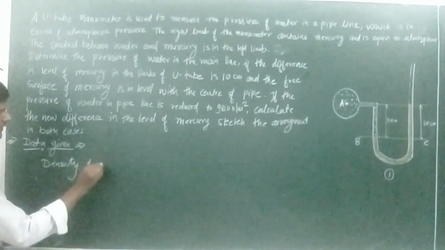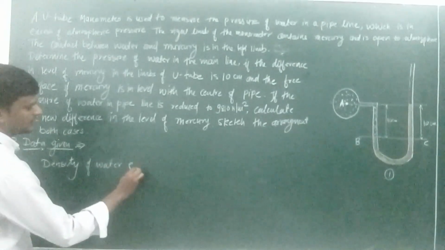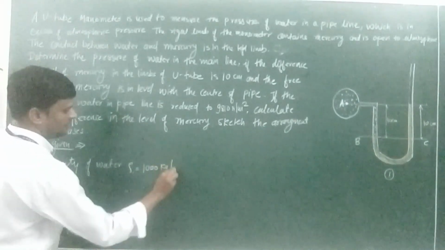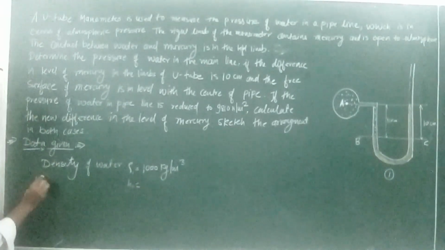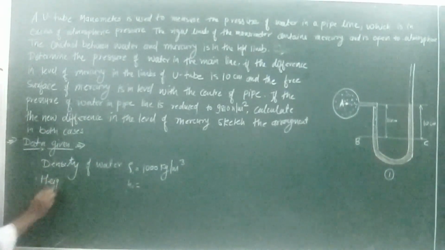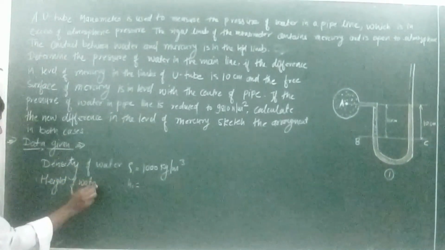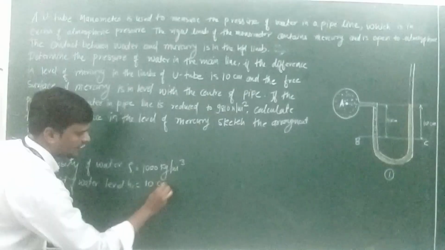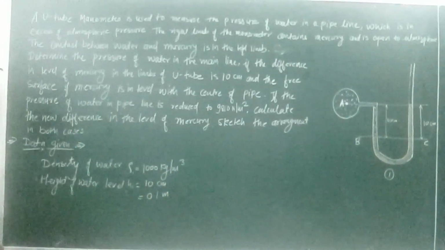Density of water, assume it as ρ1 equals 1000 kg per meter cube, and H1, the height of water level, is again 10 centimeter converted into meter, that is 0.1 meter.